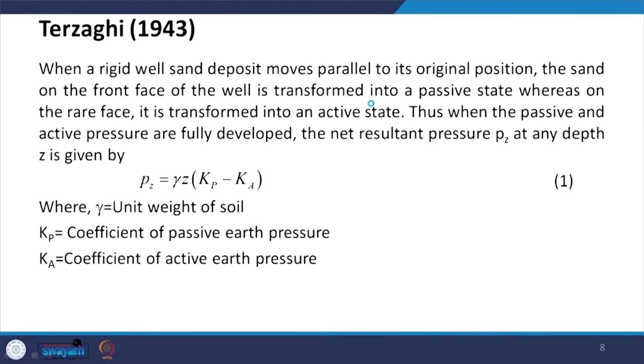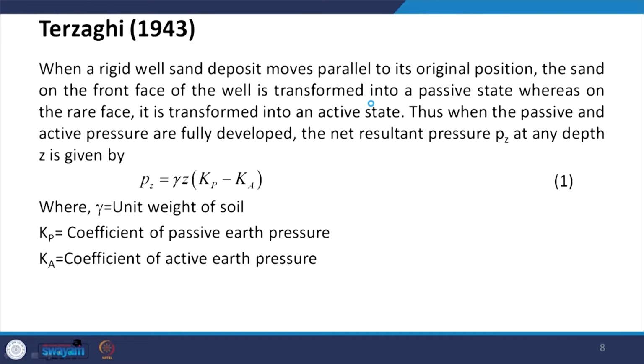So, you have both sides of the soil. The part of the soil which is being pushed goes into passive action, and the soil which is getting pulled will be under active pressure. So, you have both conditions generated when the pile moves, passive as well as active. So, the front face is transferred into a passive state, whereas the rear face is transferred into the active state.